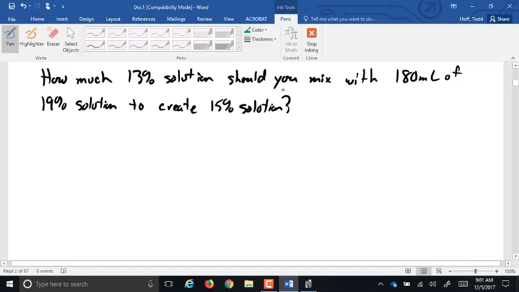What's that? Okay, that's a good observation. Since we're going to end up with something closer to the 13, the amount of the 13 should be bigger than the amount of the 19. It's going to take more of it because you want to get closer to it.